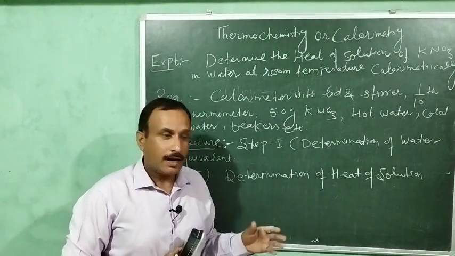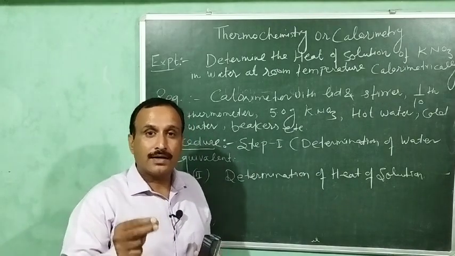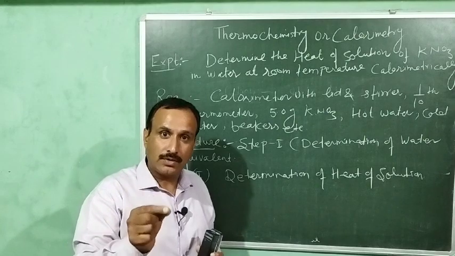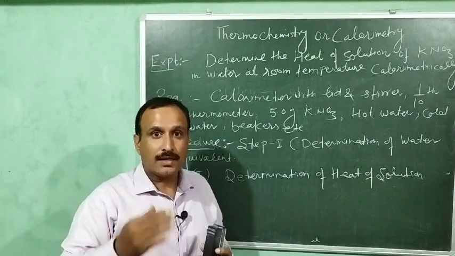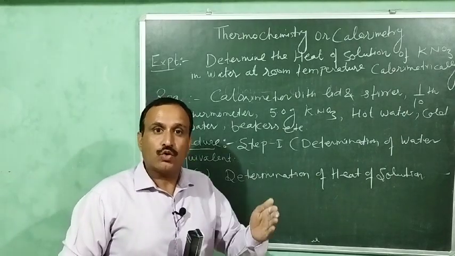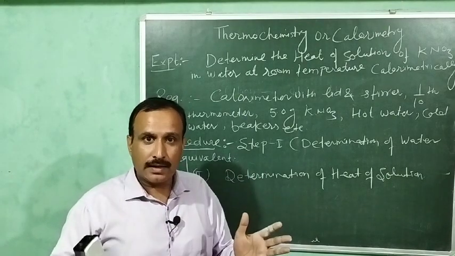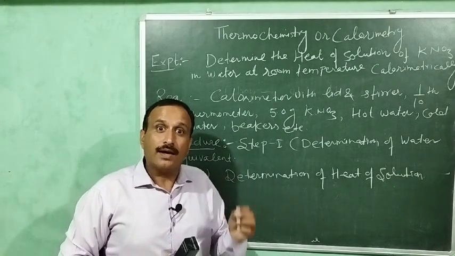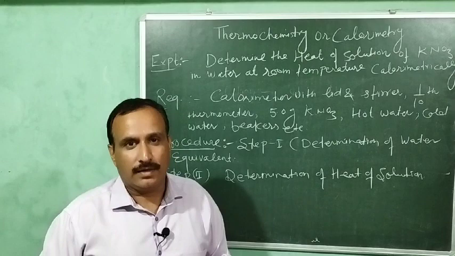Okay, and for the determination of heat of solution, we will take 100 ml cold water in the calorimeter, after making it empty, that is after the determination of the water equivalent. तो वाटर इक्विवेलेंट को डिटरमिन करने के बाद हम कैलोरीमीटर को बिल्कुल एम्प्टी कर लेंगे, उसको रूम टेम्परेचर पे आने देंगे. Then we will again take 100 ml water in it.